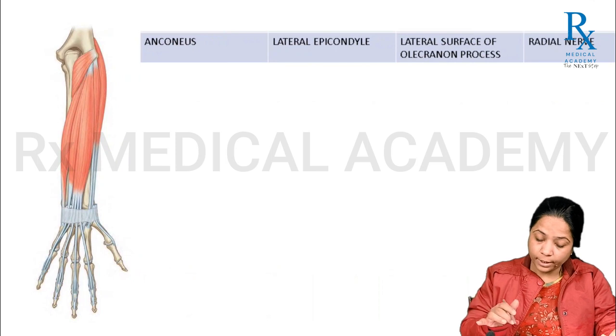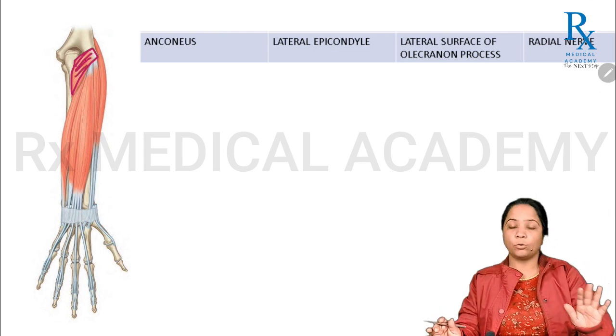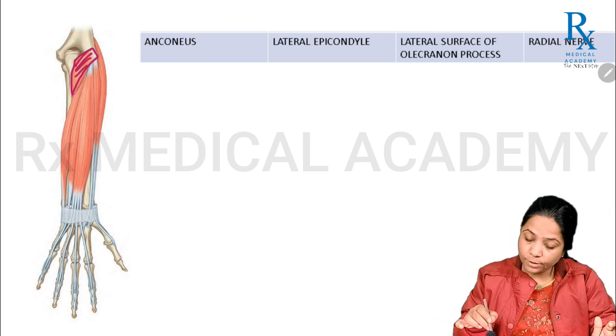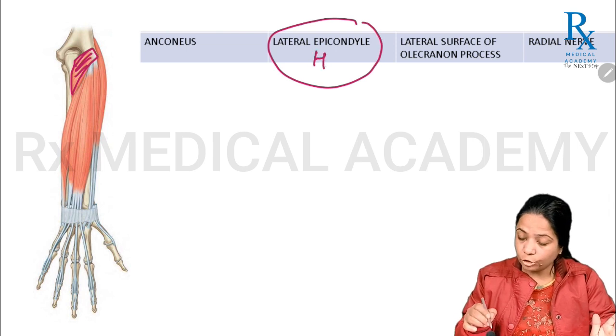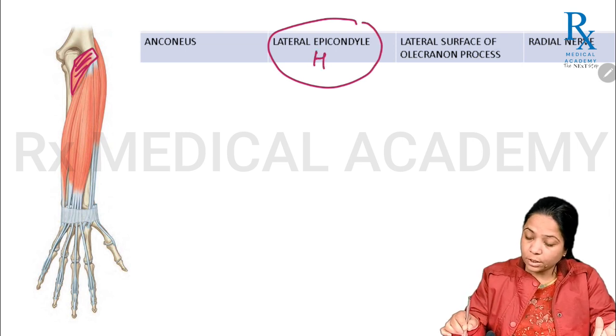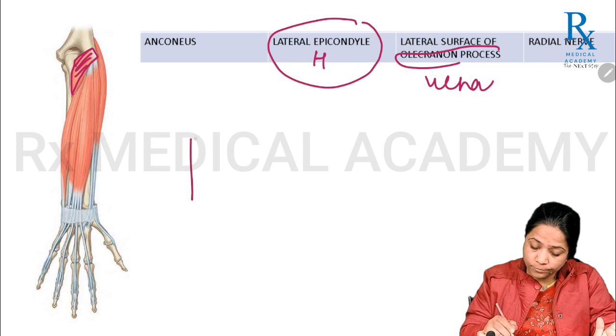Next we have anconeus muscle. In this diagram you can see here a small muscle over here, and this is known as anconeus. It is arising from the common extensor origin, that is from the lateral epicondyle of the humerus, and it is going to insert onto the ulnar bone, that is on the lateral surface of the olecranon process. If you see the ulna, the upper part of the ulna is having a projection.